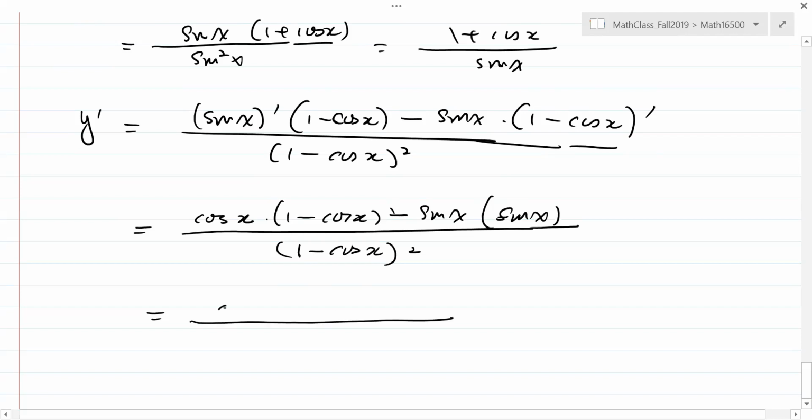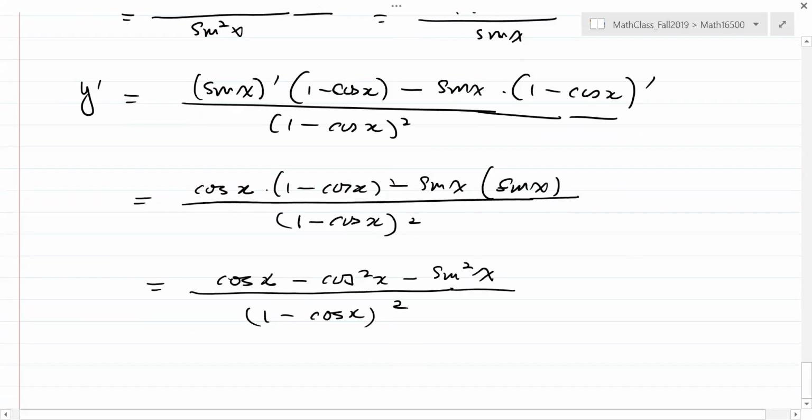I have cosine x minus cosine squared x minus sine squared x. What is the next step? Well, cosine squared plus sine squared should equal 1. Add them together.